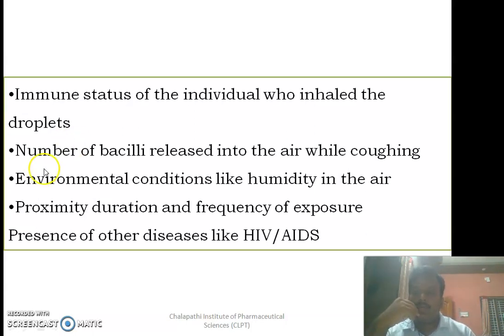Another parameter is the number of bacilli released into the air while coughing, and environmental conditions like humidity in the air, which enhances the development of tuberculosis. Also proximity, duration and frequency of exposure to those cough droplets, and the presence of other diseases like HIV and AIDS.